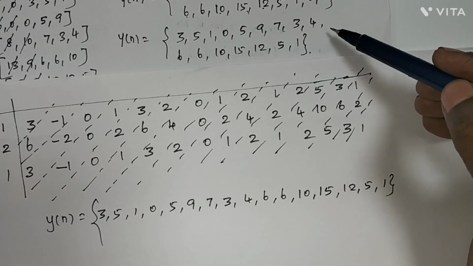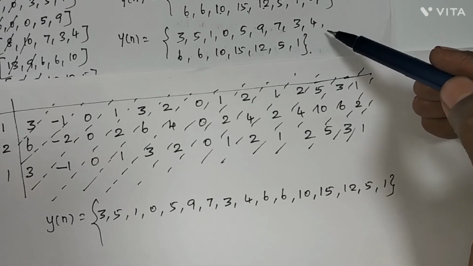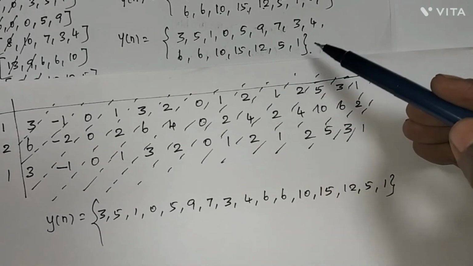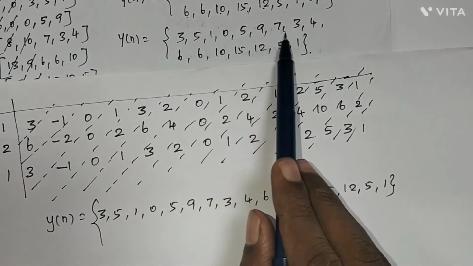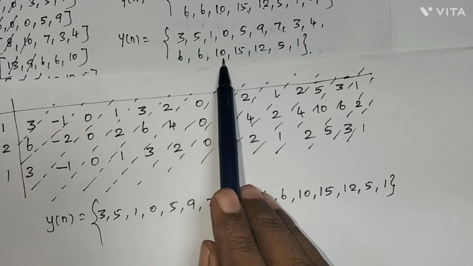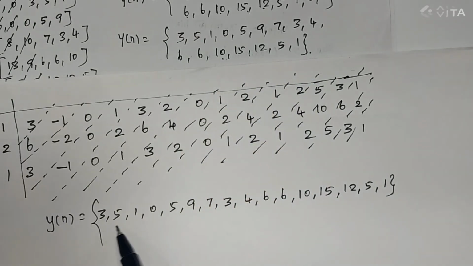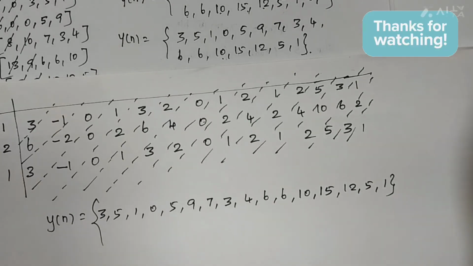We can compare the output sequence from the overlap save method with the cross multiplication, that is the diagonal adding. You just see 3, 5, 1, 0, 5, 9, 7, 3, 4, 6, 6, 10, 15, 12, 5, 1, and 3, 5, 1, 0, 5, 9, 7, 3, 4, 6, 6, 10, 15, 12, 5 and 1. So in this way you have to cross verify your answer. Thanks for watching. Thank you so much.